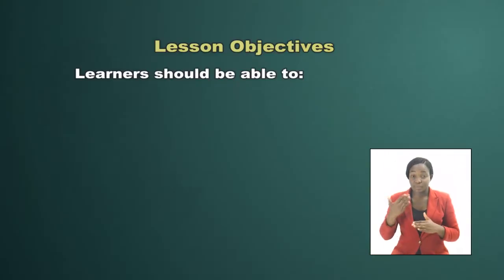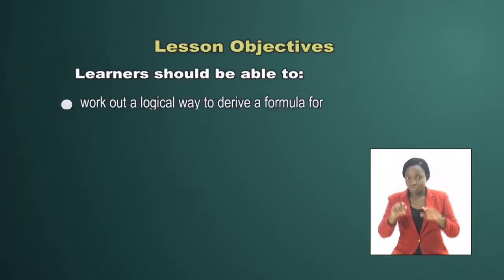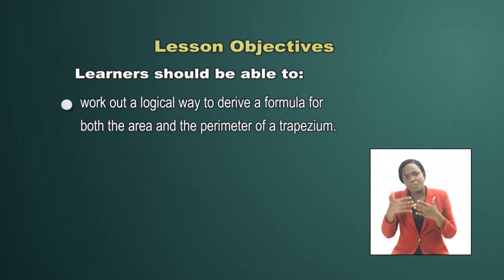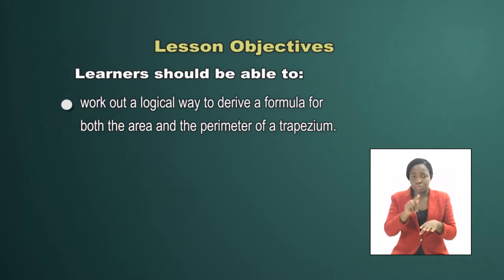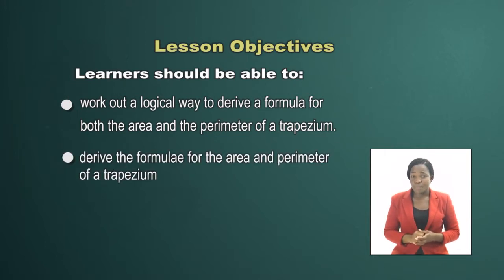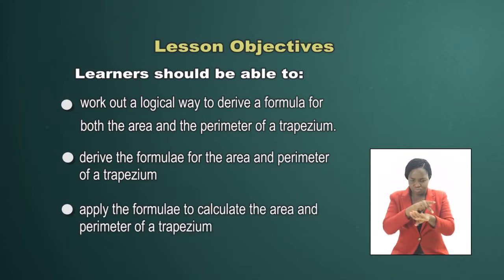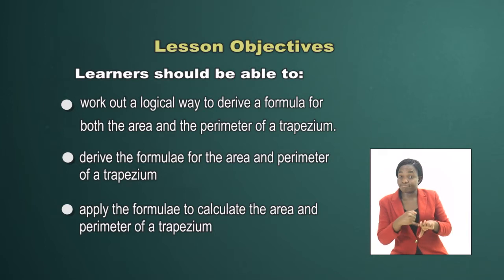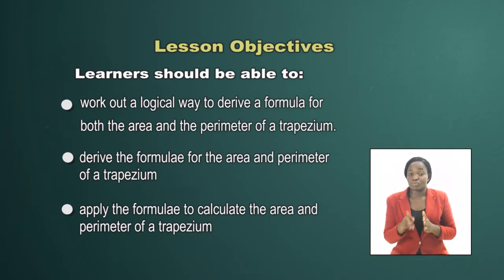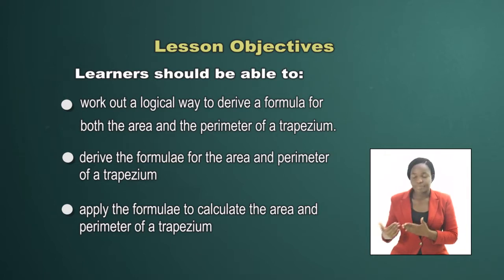After watching this lesson, you should be able to work out a logical way to derive a formula for both the area and the perimeter of a trapezium. In an exam later on, you might be required to derive the formulae for the area and perimeter of a trapezium and apply the formulae to calculate the area and perimeter of a trapezium. So, get your pencil and paper and let's get started.